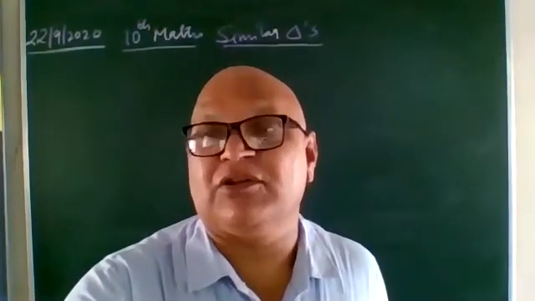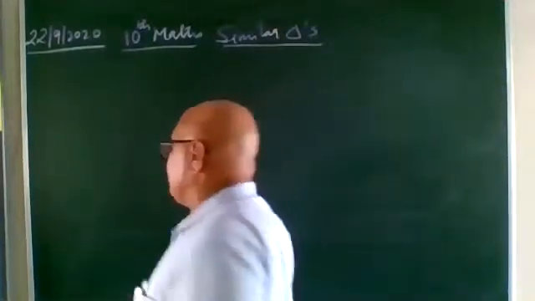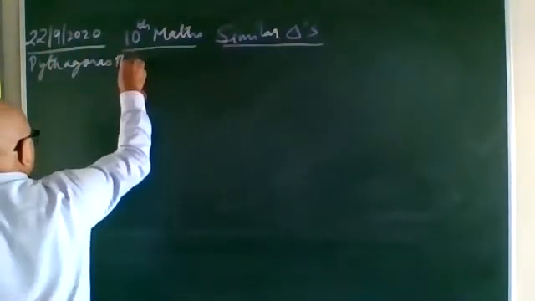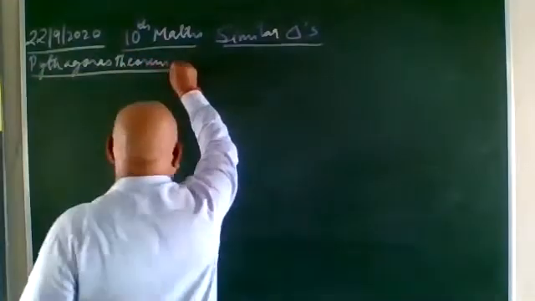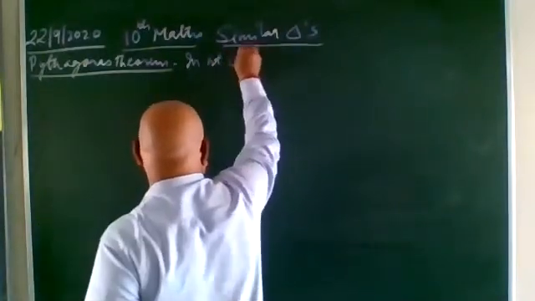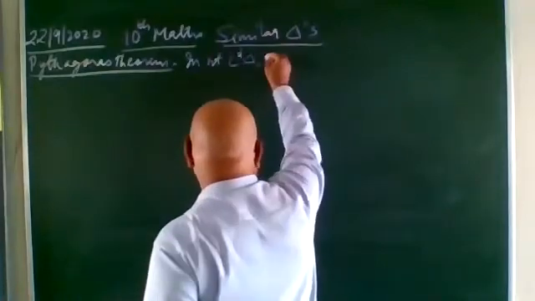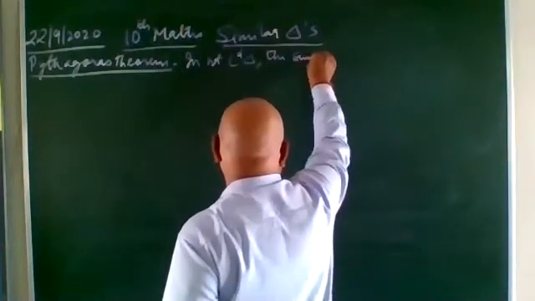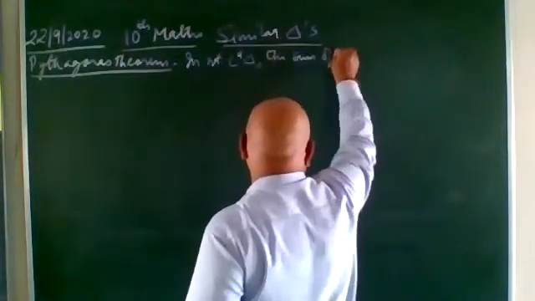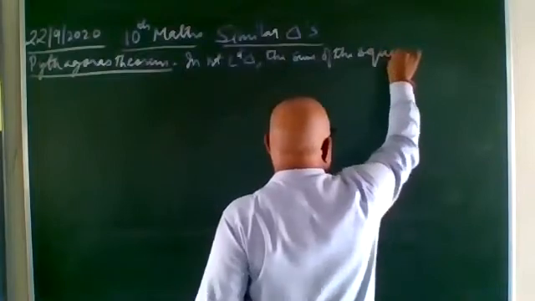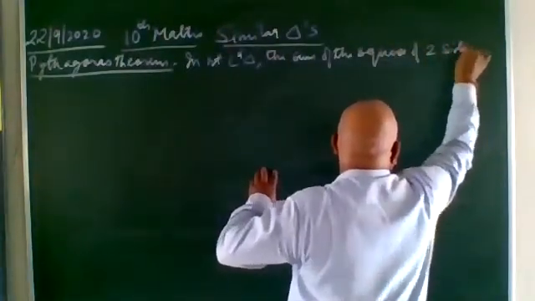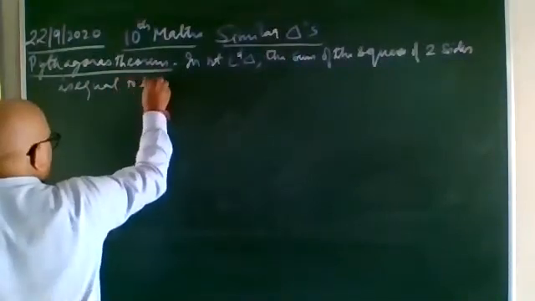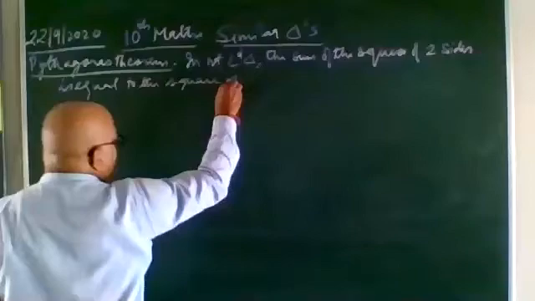Now in Pythagoras theorem, what is it? Pythagoras theorem: in right angle triangle, the sum of the squares of two sides is equal to the square of the third side.